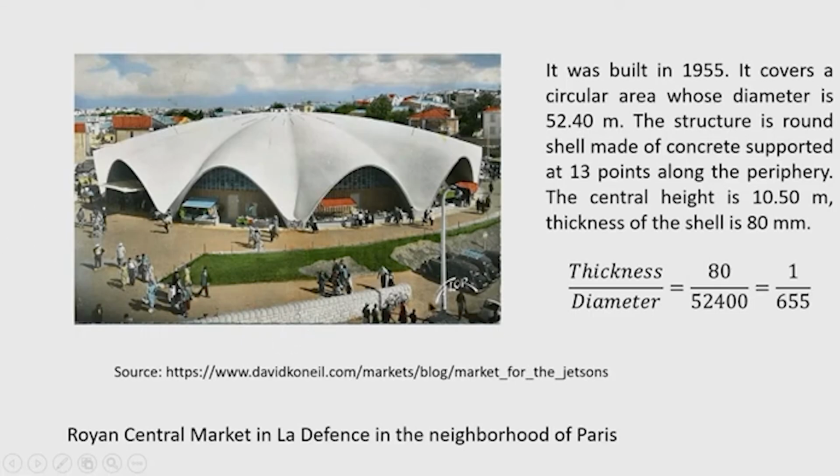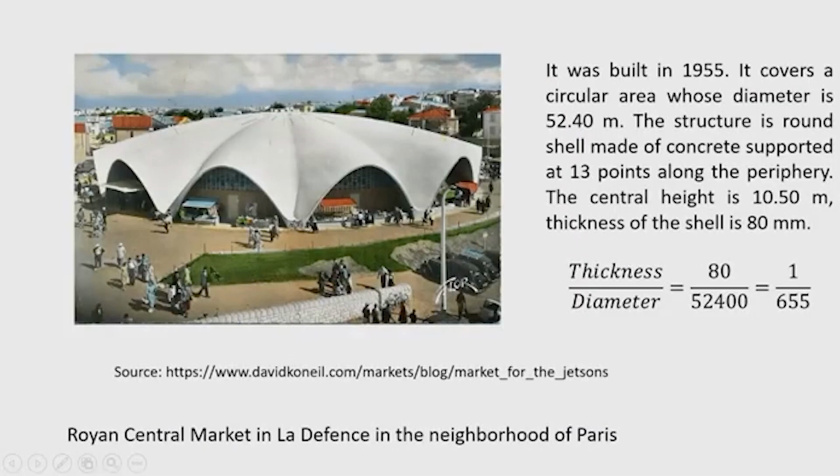So, if we see the thickness diameter ratio, it is very small, 1 by 655. So, this is the advantage of shell construction, where it is used as an obstruction free structure.